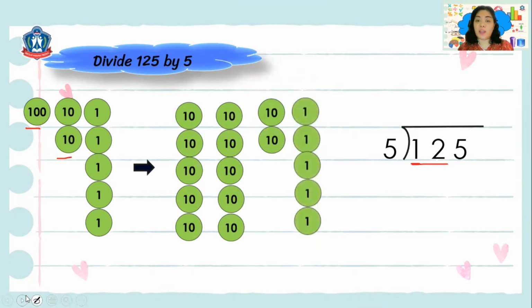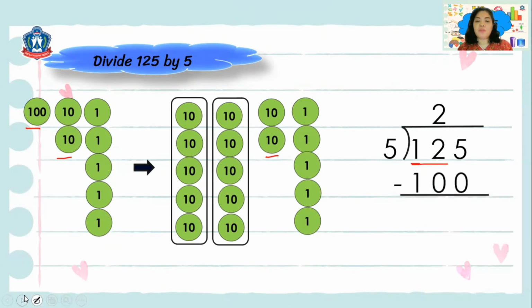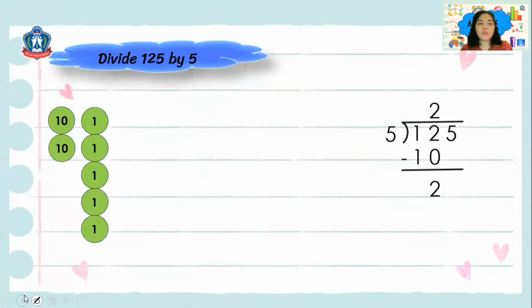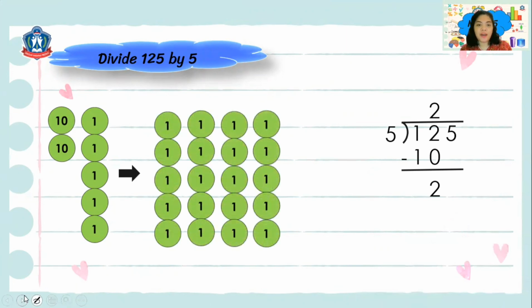So let's divide the 12 tens first by 5. How many groups can we make? Oh, so we have 2 groups of 50. So we can write only 2. We cannot group again the 2. So 2 times 50, that is 100. So from 120, we have remaining 2 tens, right? Okay. So we have 25. What we are going to do next is rename the 2 tens into 20 plus the 5 ones.